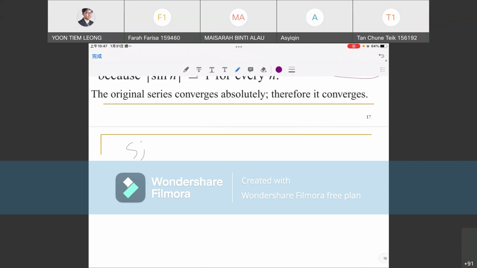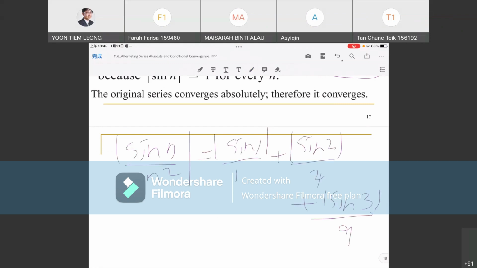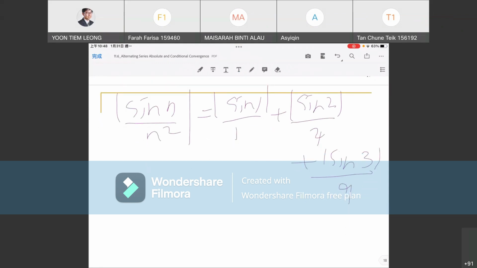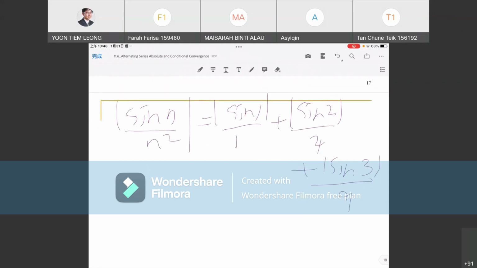So you have a situation of sine n over n squared, where n is positive, so you have sine 1 over 1, plus sine 2 over 4, where you just take the absolute values, and then plus sine 3 over 9, right? So you look at this series, and then you compare it with, right?